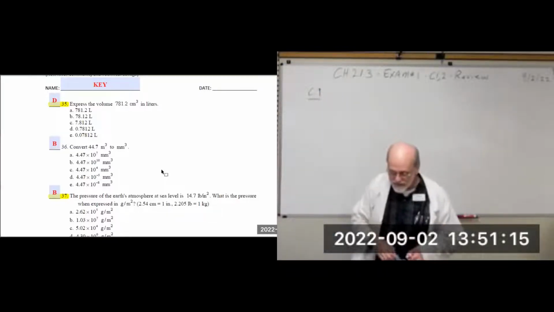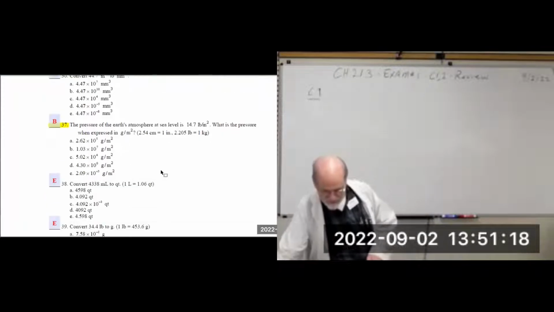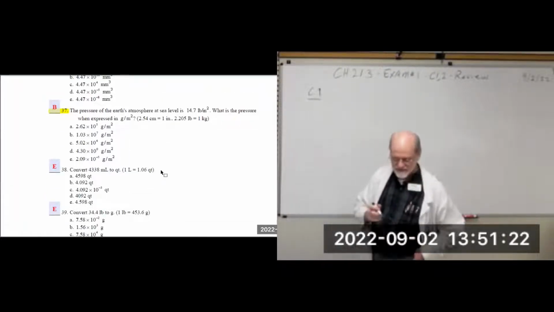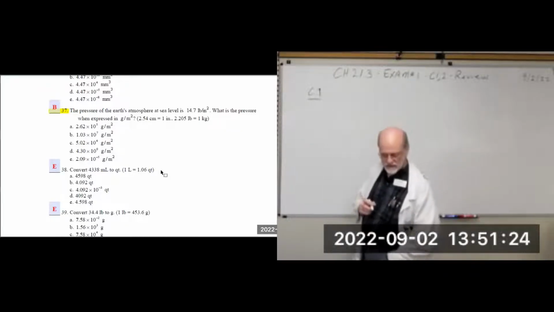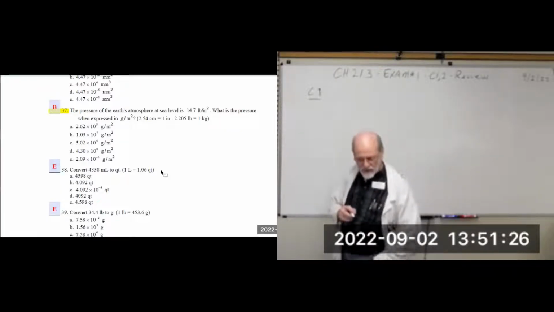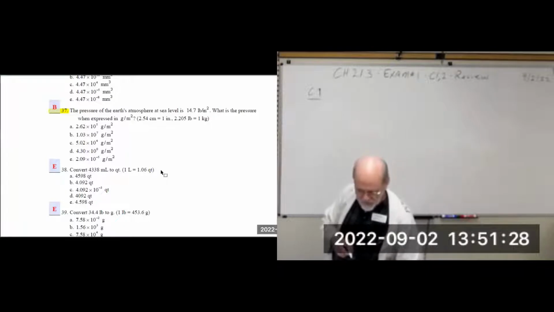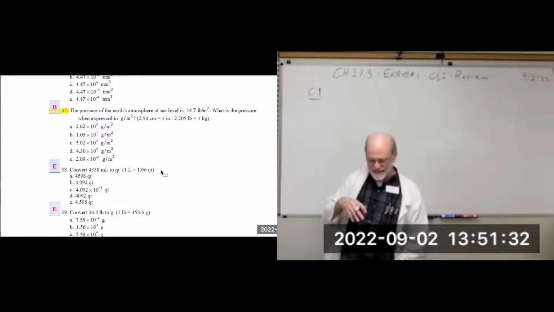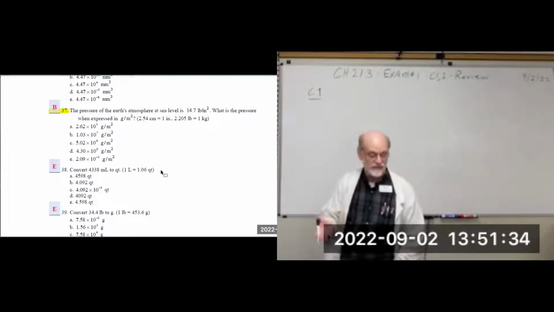Let's see, 35, 37. We've got a combination unit conversion here. The pressure of the Earth's atmosphere at sea level is 14.7 pounds per square inch. That's taken as average. That's 1 atmosphere at sea level, 14.7.